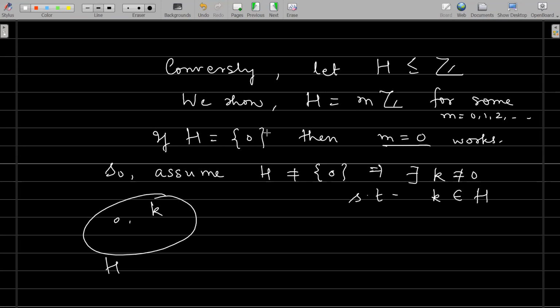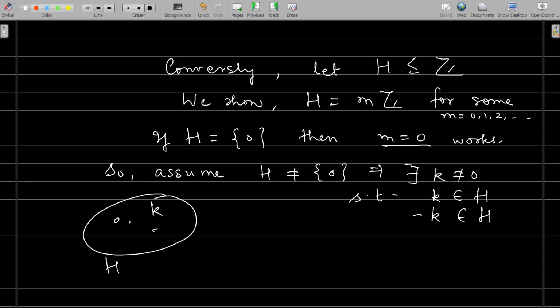H is non-trivial means it contains elements other than 0, right? So there is some K other than 0. And do you agree? Because it is a subgroup, if K belongs to H, its inverse, its addition now, so minus K will also belong to H. Is it right? Minus K will also belong to H, right?